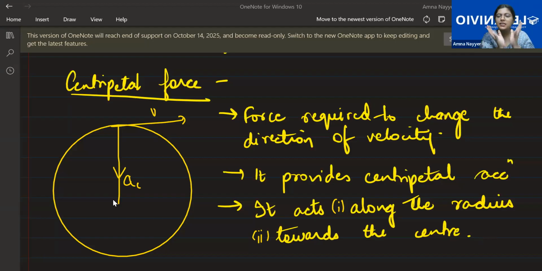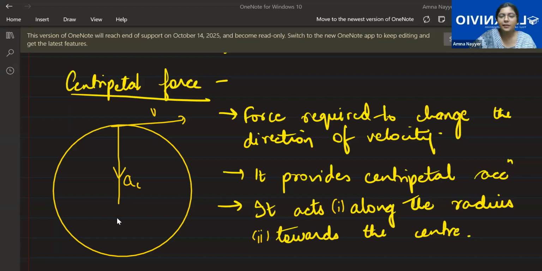Centripetal force is a force that pulls objects towards the center of the circle, whatever this uniform circle is. So it will pull it towards the center. But this is not a real force that is present like the other forces. One or the other forces will be existing, and if any force acts in this manner, that will be providing the necessary centripetal force which we see.